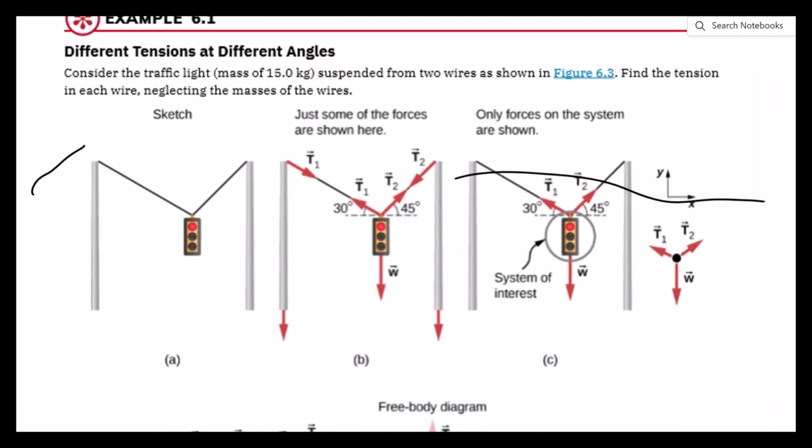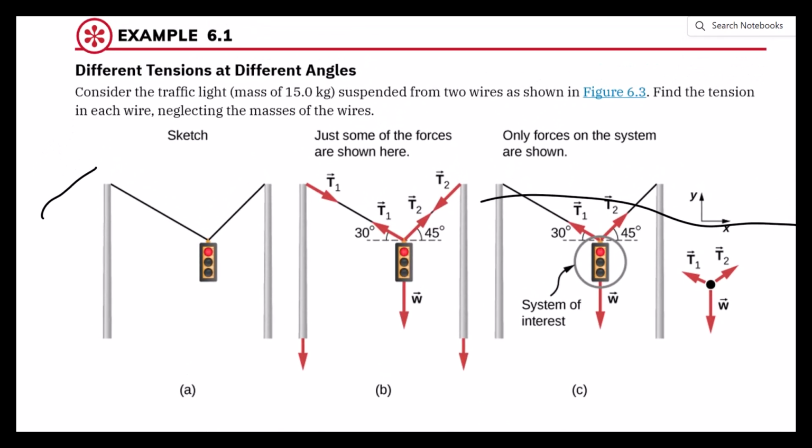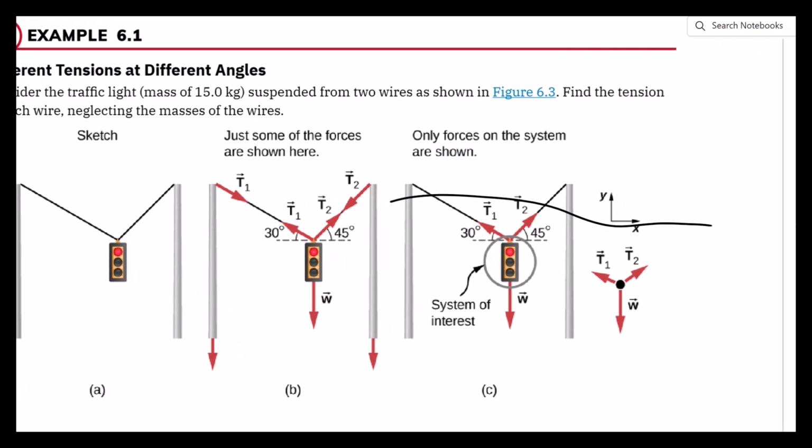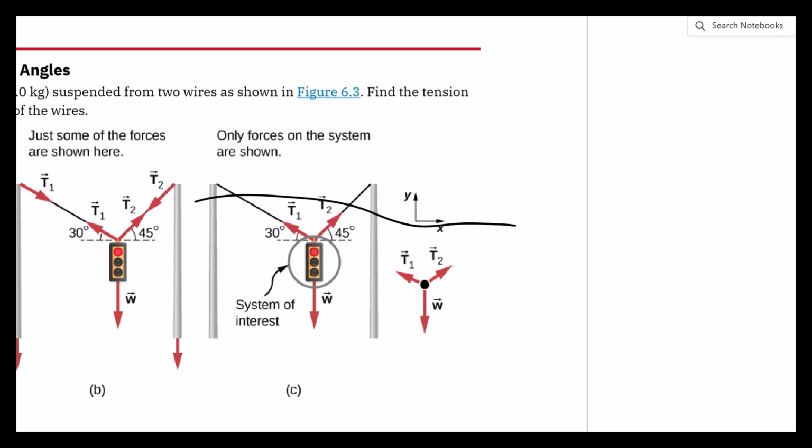So let's look at this problem. We have a traffic light of a mass suspended, and we want to find the tension in each wire. I think I warned you about this problem. Let me draw this picture.